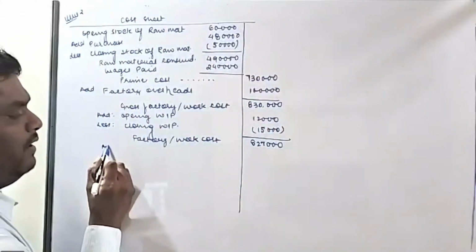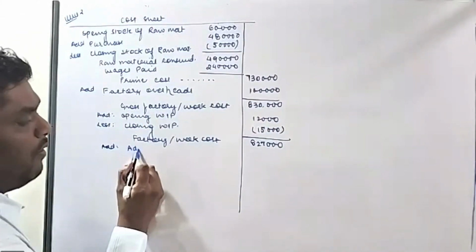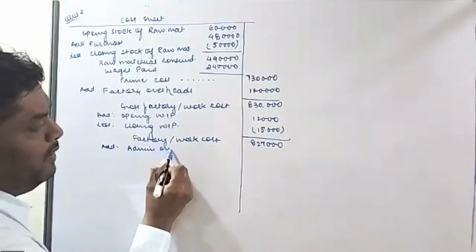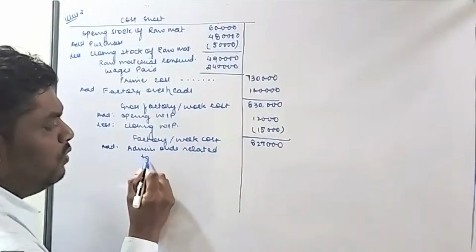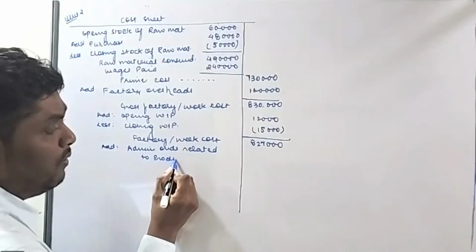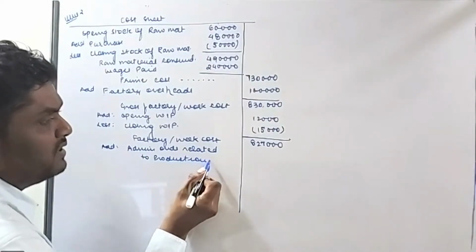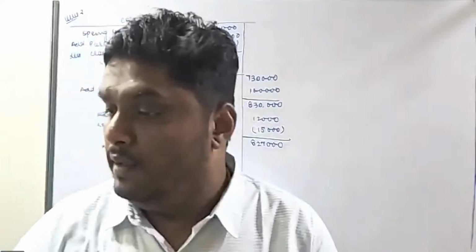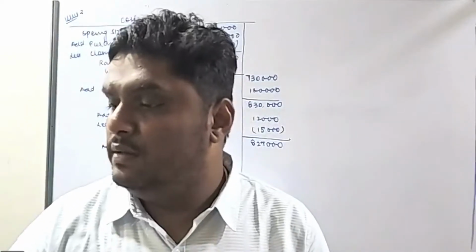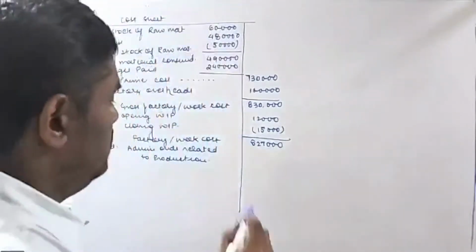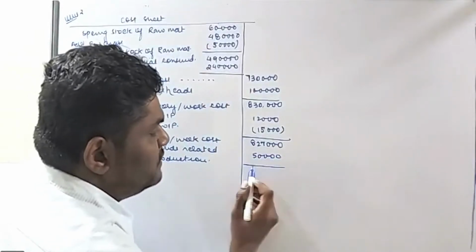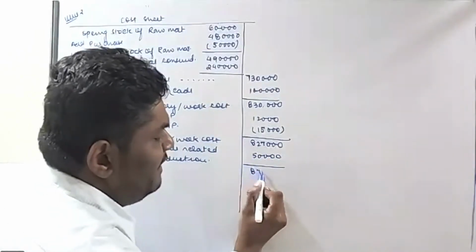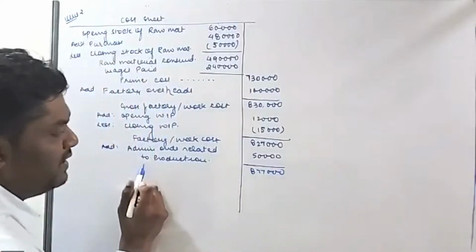So we will add admin overheads related to production, and that is 50,000. So after adding 50,000, we will get 8,77,000 as the cost of production.